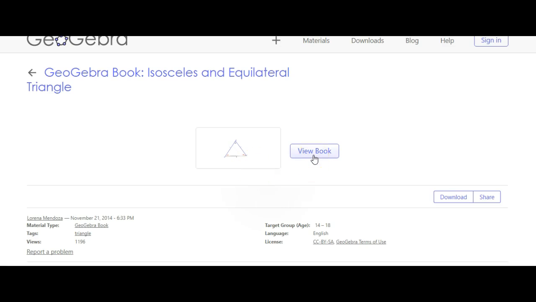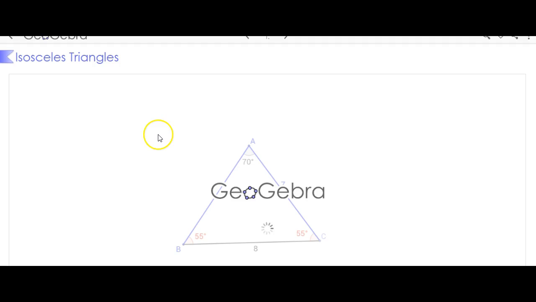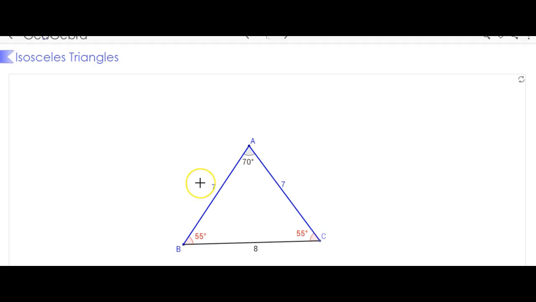You're going to view the book. Start with the isosceles triangle and answer the questions. For instance, it wants to know which sides are the legs. Those are the sides that are the same. Which is the vertex angle, what are the base angles, etc.